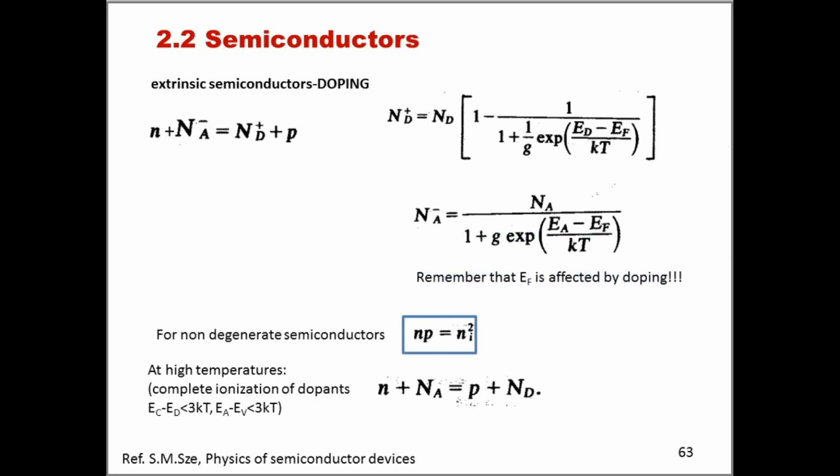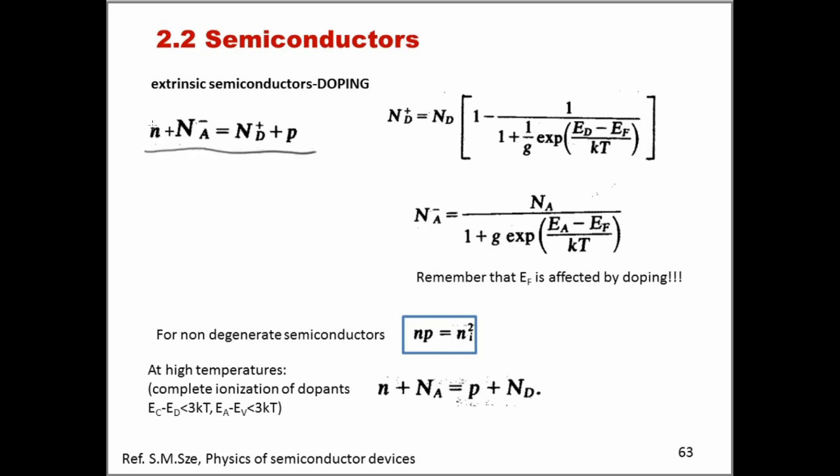Now, regarding extrinsic semiconductors, so in the case of doping, we said that not all dopants will generally be ionized. So if we consider a piece of material that is doped both with some acceptor dopants and some donor dopants, charge neutrality can be imposed simply using this formula here.